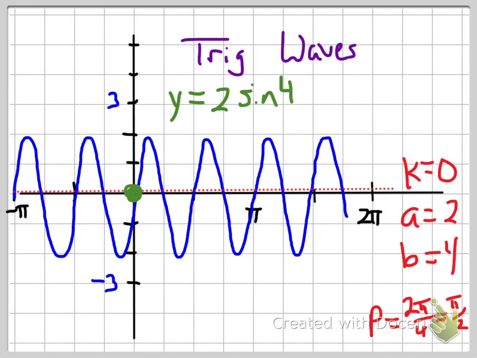If I wanted to move that to, say, up here, so pi is right here, half of the way there, that's pi over 2, half of that is pi over 4, and half of that is pi over 8. I'm just using my fractions to keep dividing in half. So I still have 2 as my amplitude, I still have 4 as my B value, but this is no longer a sine wave.